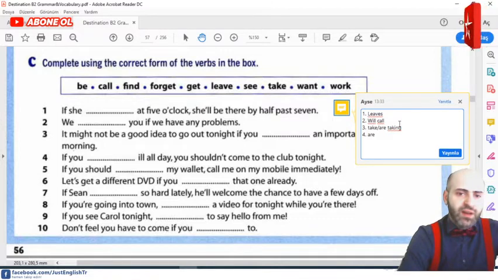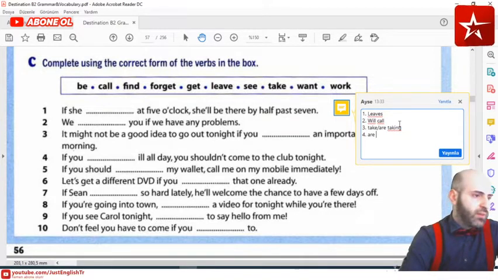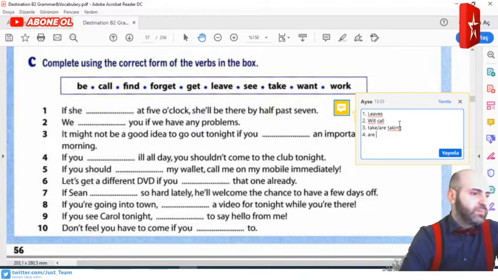If you should blah blah blah my wallet, call me on my mobile phone immediately. What do you think is number 5? What do we need to use in number 5?